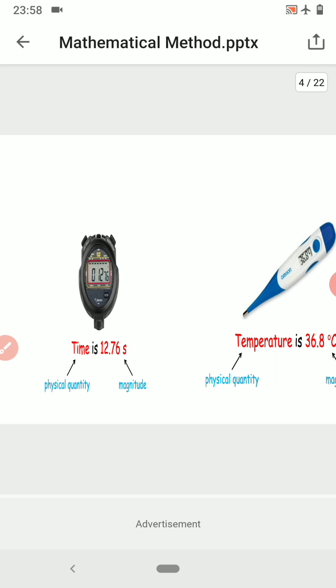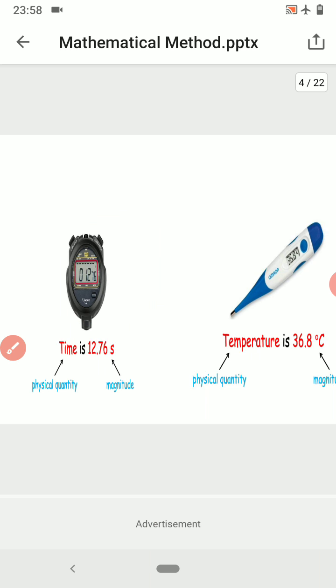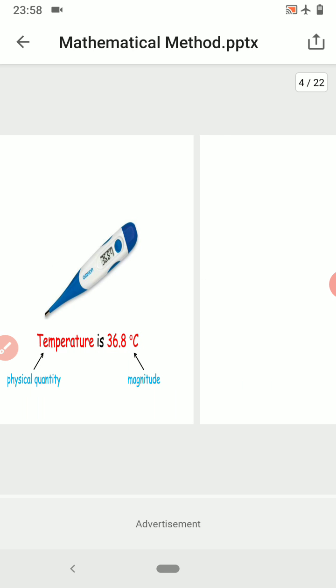The time is one more physical quantity. The clock shows you some timing, 12.76 seconds is the magnitude. The thermometer's temperature is the physical quantity, and 36.8 degrees Celsius is the magnitude.